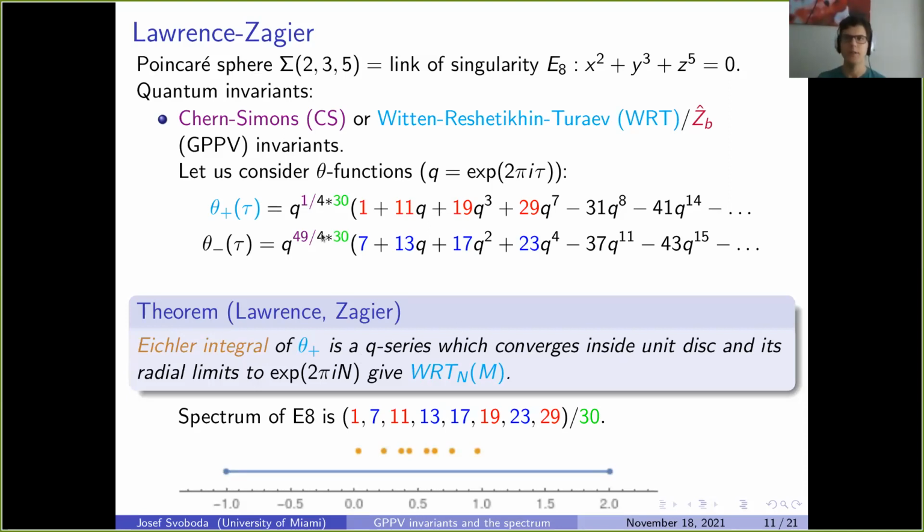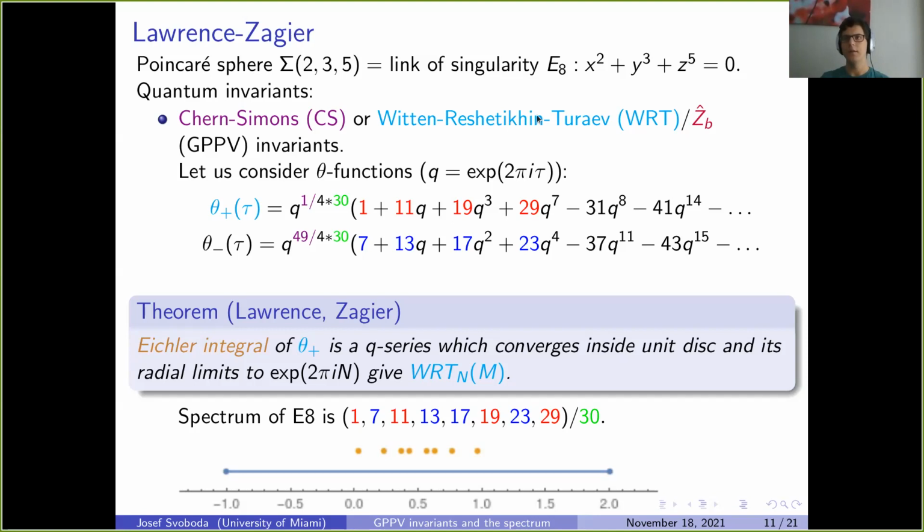So basically, this is somehow like some vertex operator algebra character, and they related it to these vertex operator algebras, and they were able to construct explicitly some invariants which they call Z B hat. And this B denotes dependence on a spin C structure on the three manifold. So it is more refined because there is no spin C structure in Witten-Reshetikhin-Turaev.